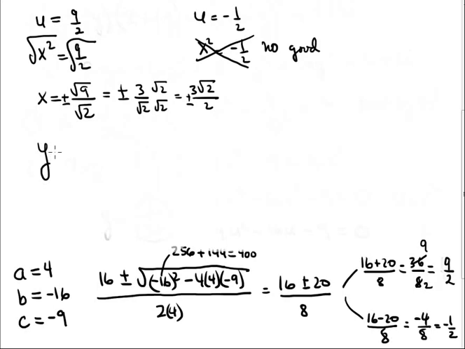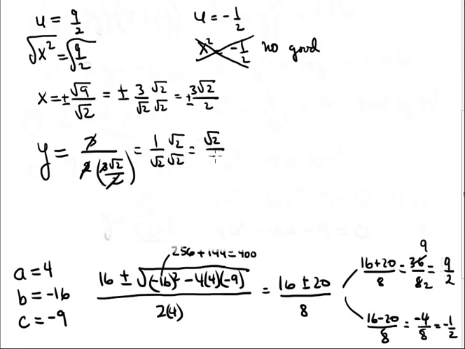And y, remember, y is 3 over 2x. With x positive, 3 radical 2 over 2, cancel out the 2, cancel out the 3, is 1 over radical 2, rationalize is radical 2 over 2. And plus and minus again. Of course, the plus is plus and the minus is minus.